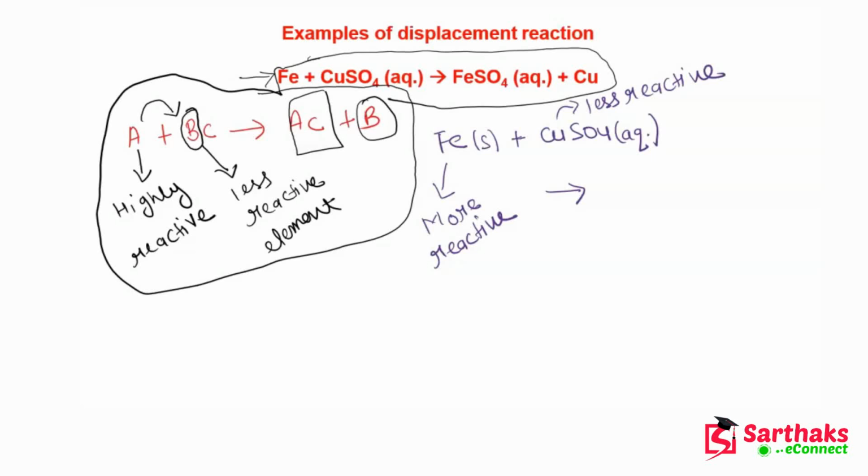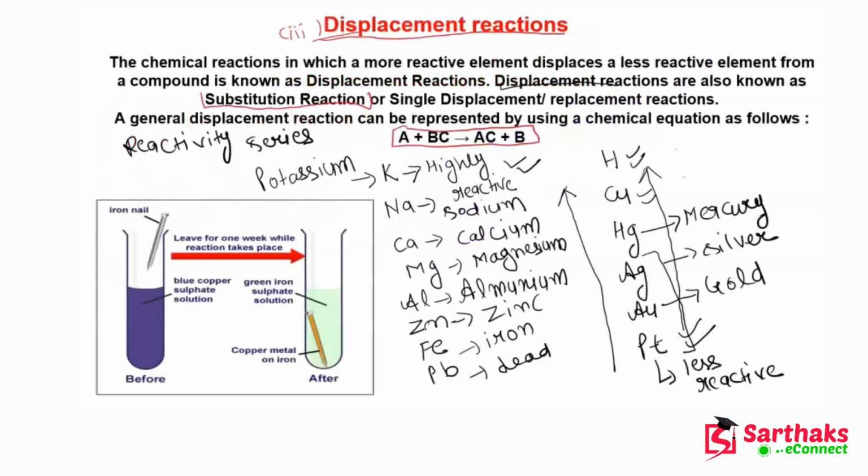So guys, now how do we know that Fe is more reactive? We know it because of this reactivity series. You have to memorize this reactivity series. You can see that Fe is coming first, and Cu is coming later in this series. So that's why Fe is more reactive than this copper.